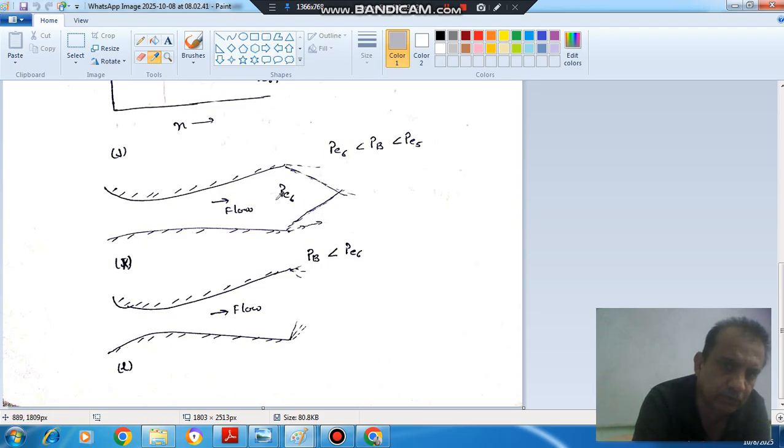So this is corresponding to back pressure between complete isentropic expansion and corresponding to normal shock at exit. If we maintain this pressure here, then oblique shock will occur.